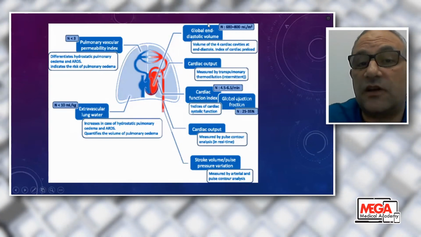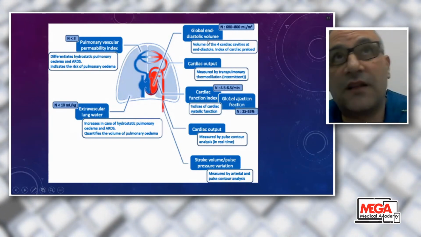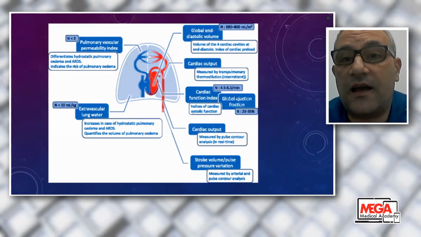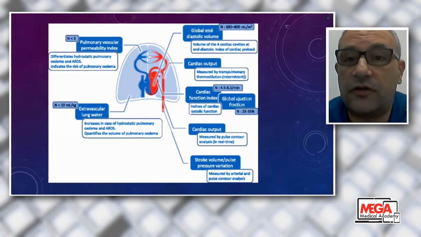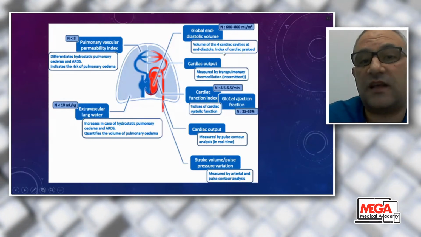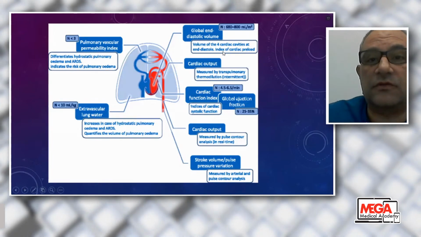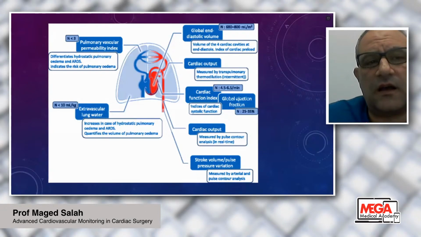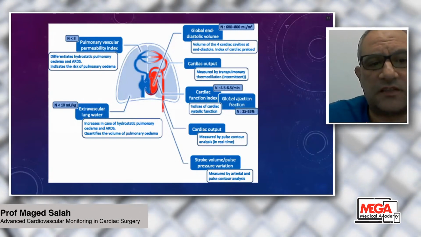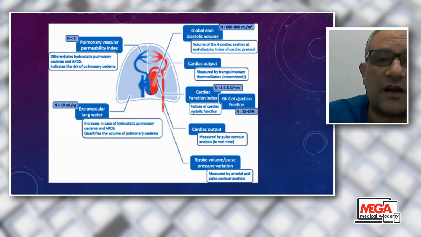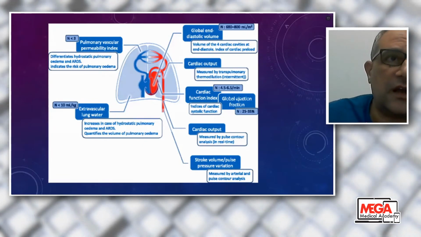Global end-diastolic volume is the volume of blood in the four chambers of the heart. It's an estimate of the heart volume, of the volume status of the patient, and an index of the preload. Also, combined with the pulmonary vascular permeability and extravascular lung water, I can differentiate cardiac from non-cardiac pulmonary edema or congestion.